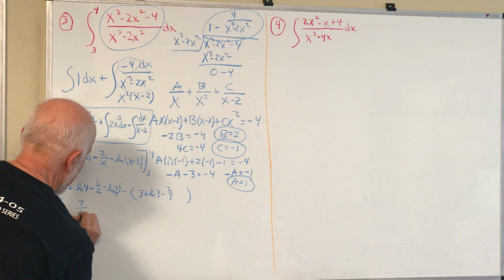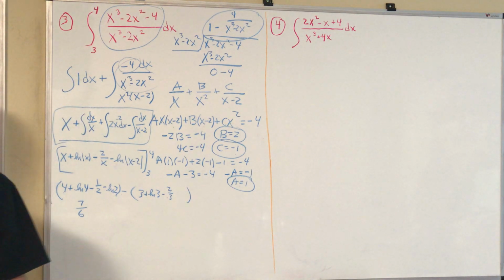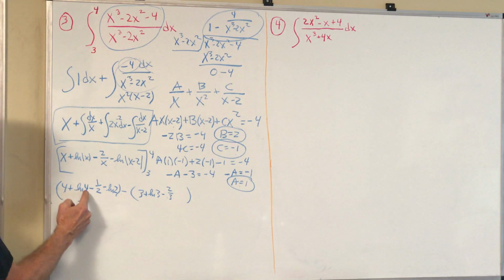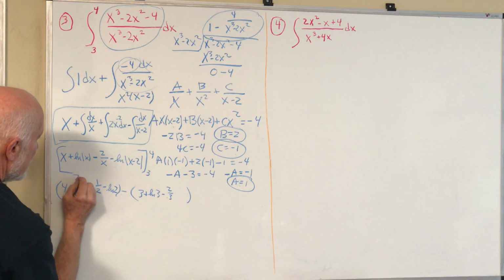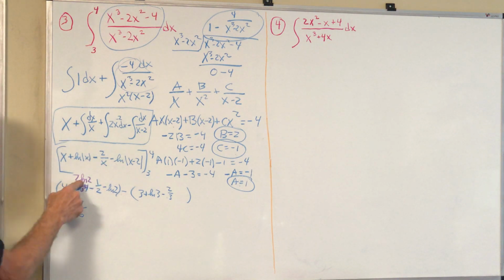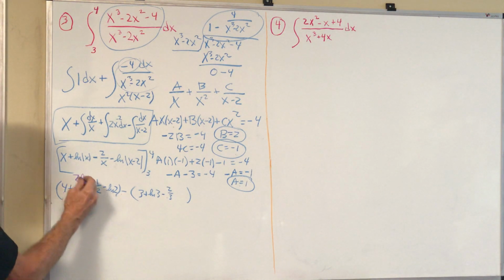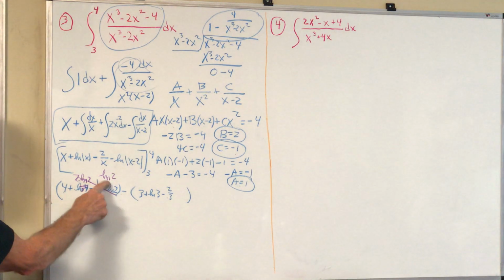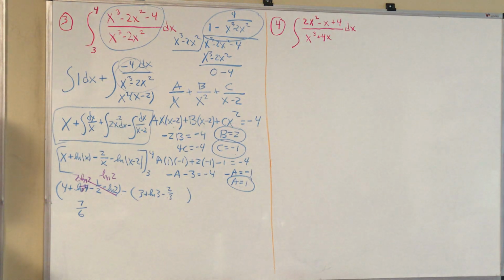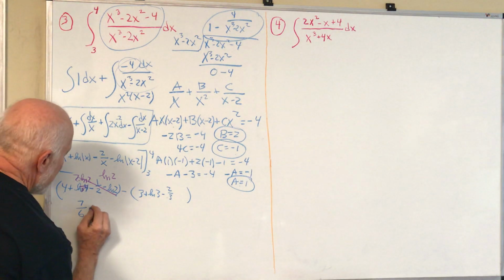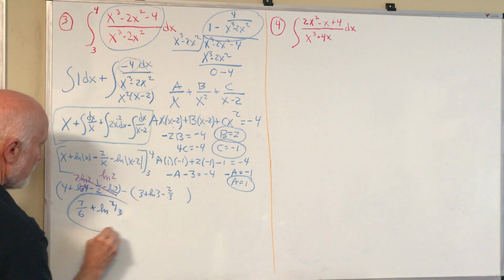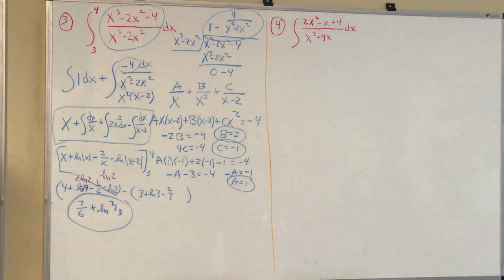So 7/6, and if I just take this natural log of 4 and make it the natural log of 2 squared, I get 2 natural log of 2 minus the natural log of 2 is the natural log of 2, and the natural log of 2 minus the natural log of 3 is the natural log of 2/3. And we've got an answer. And that's a number. So we solved that definite integral.